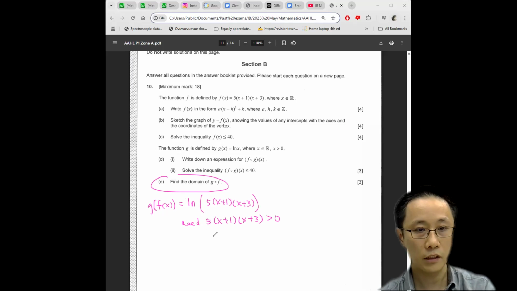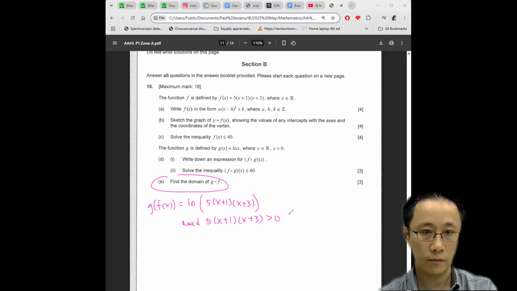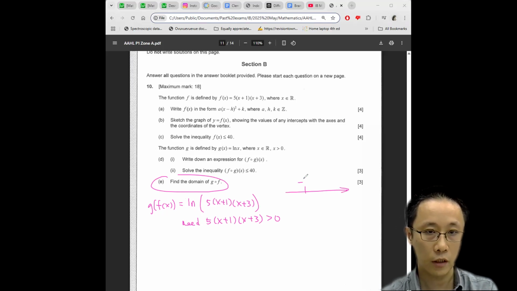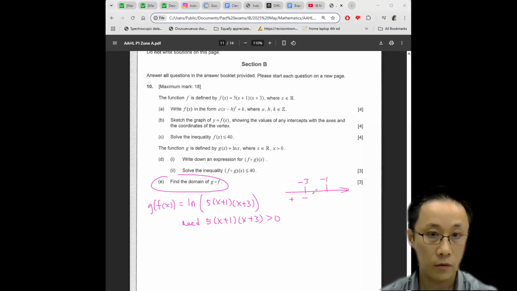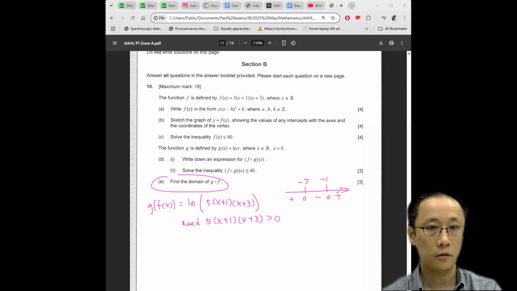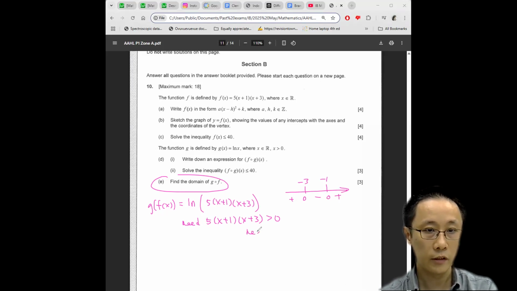And this is a standard positive quadratic inequality. If we just construct a quick sign diagram, you realize that we need x to be more negative than -3 or x is bigger than -1.